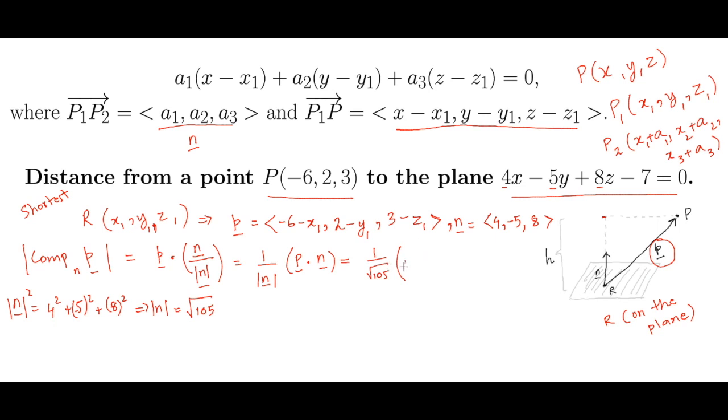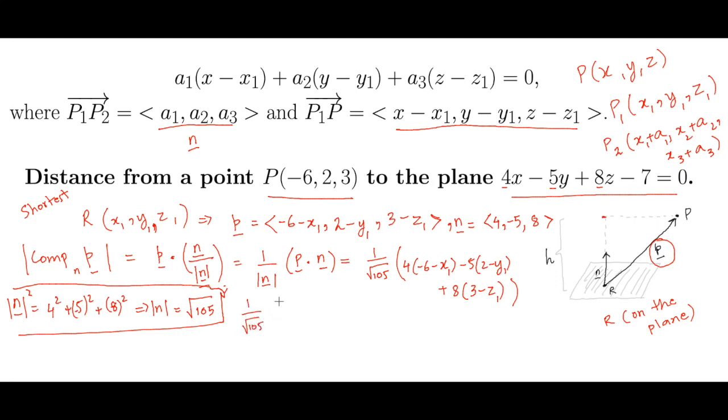So I have to say 4 times minus 6 minus x1, minus 5 times 2 minus y1, plus 8 times 3 minus z1, correct? And then this is different from this, so let me put a separator here. Then I have 1 over root 105. This is just algebra now, but there is one small thing we have to take care of.